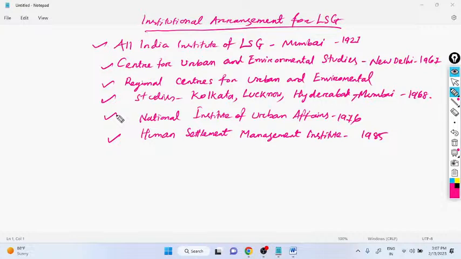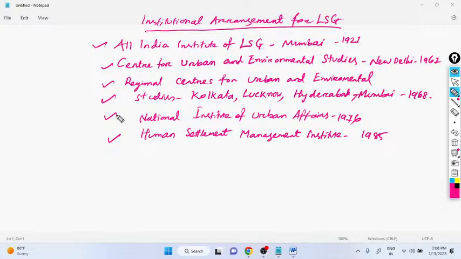Then Human Settlement Management Institute, New Delhi, 1985.